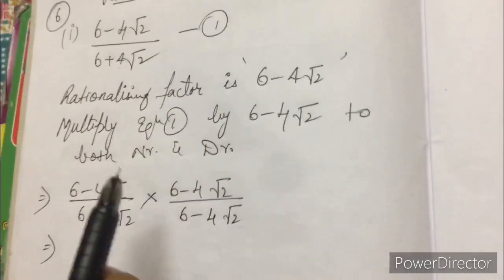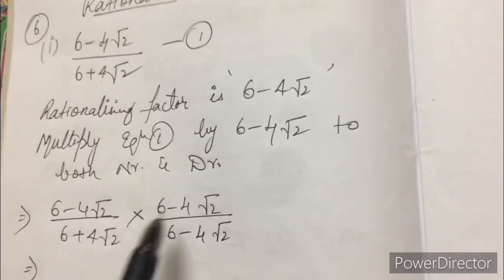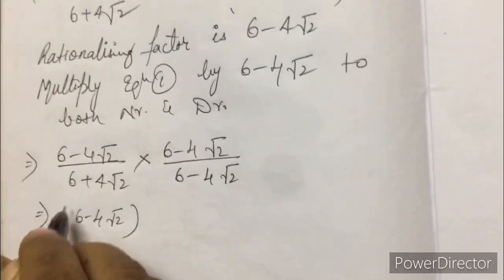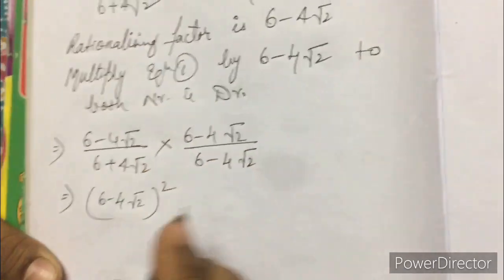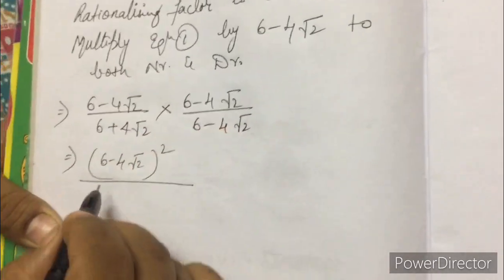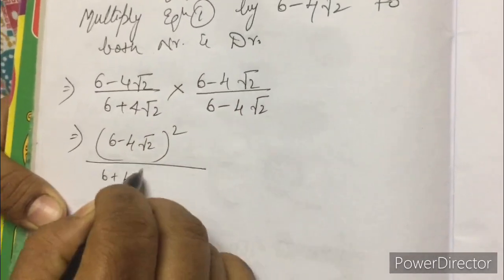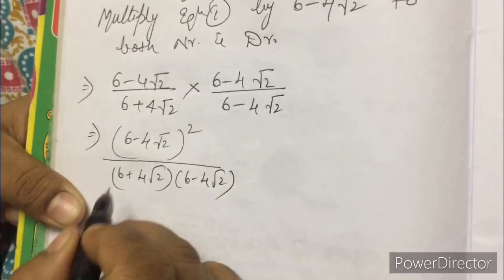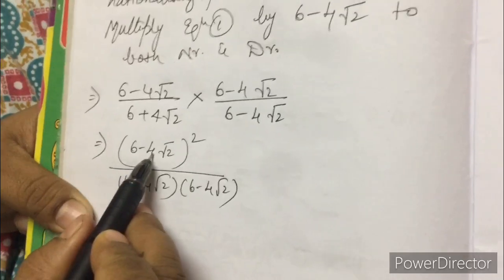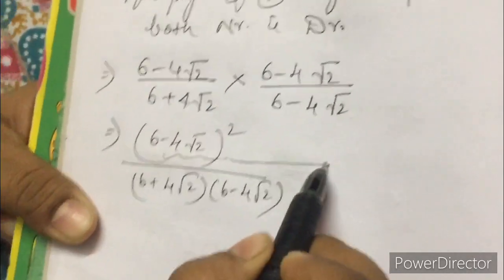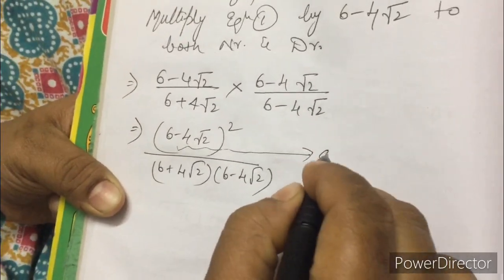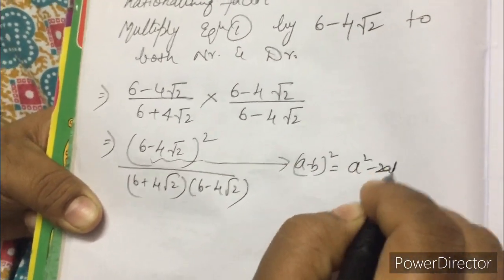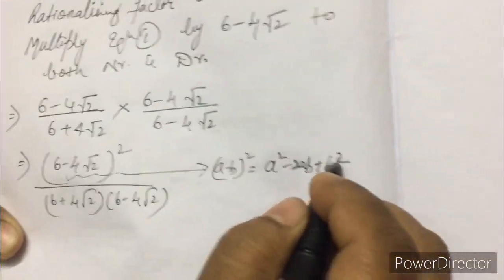I have written here, see. Next, 6 minus 4 root 2, 6 minus 4 root 2, that is 6 minus 4 root 2 whole square. Two times is there, no? That's why. Now the denominator is 6 plus 4 root 2 into 6 minus 4 root 2. Here we are applying a formula. A minus B whole square is A square minus 2AB plus B square.